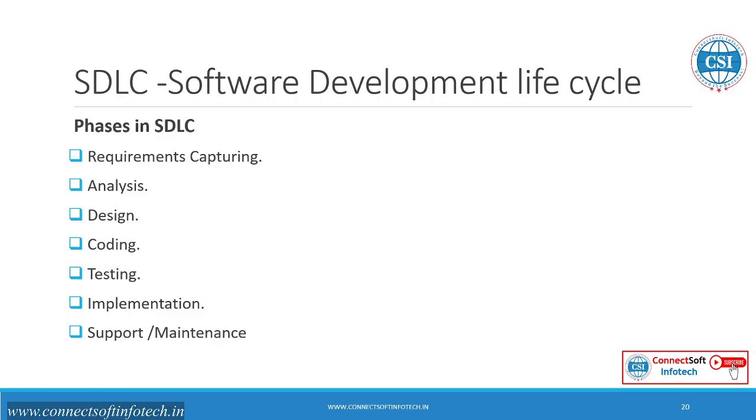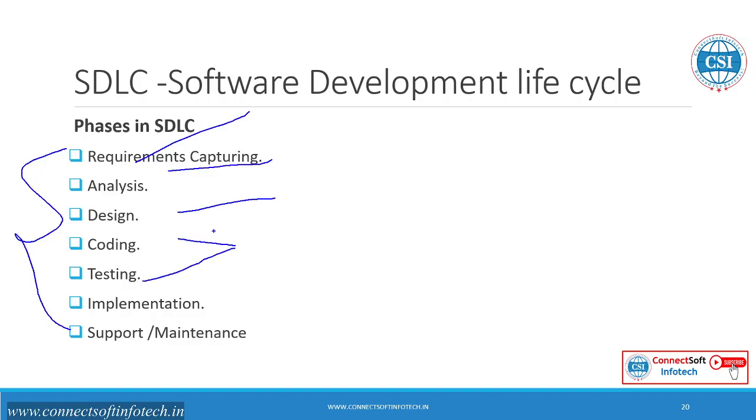Okay, so these phases are involved in the SDLC. These are the major phases in the SDLC process: requirement analysis, designing, coding, and testing. These are the important four phases.